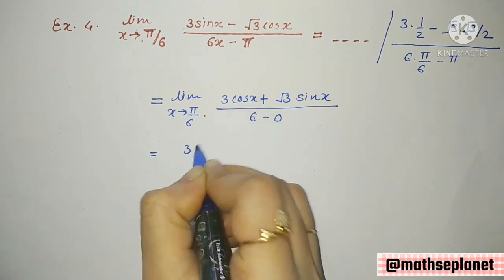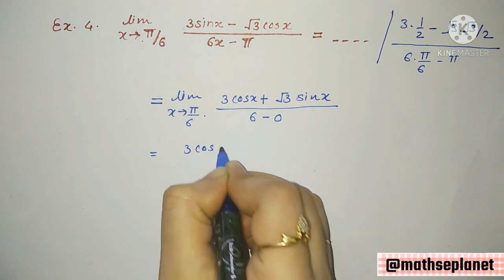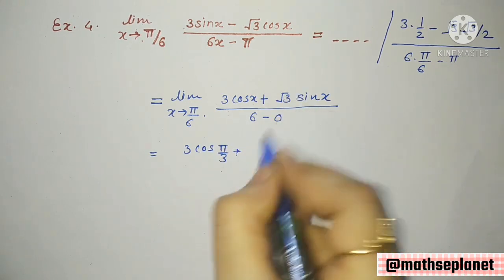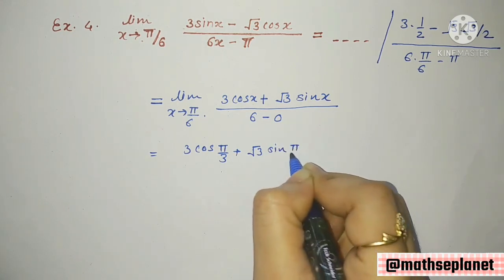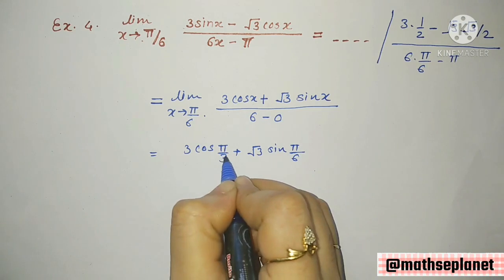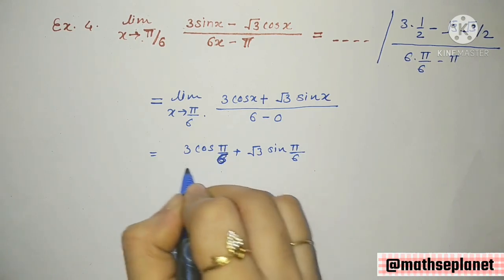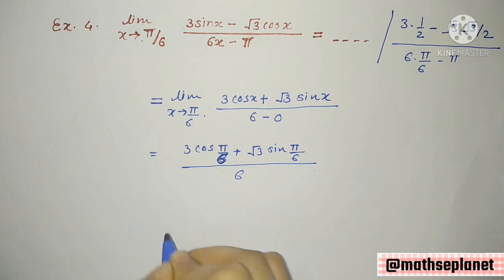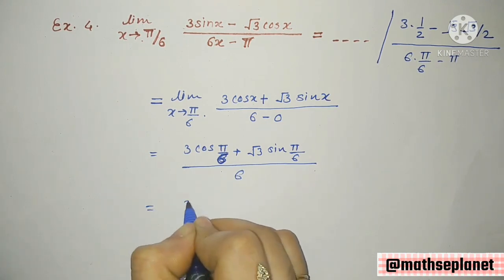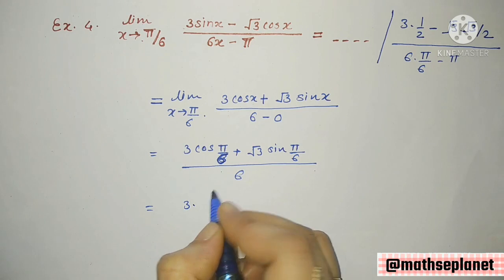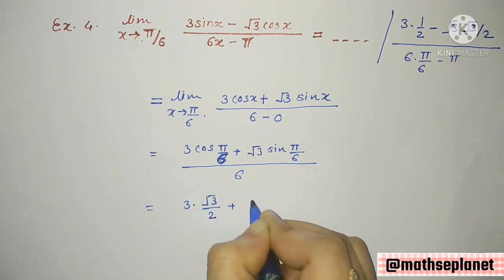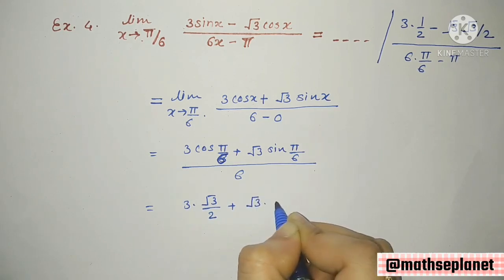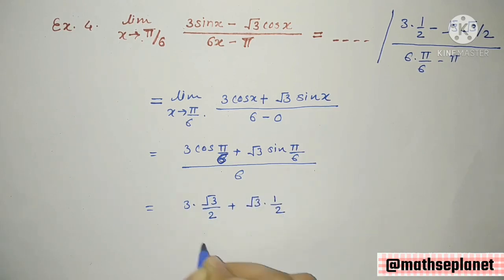So the limit will be 3 into cos pi by 6 plus root 3 sin pi by 6, here we have to put pi by 6, divided by 6. The answer will be 3 into cos 30, which is root 3 by 2, plus root 3 into sin 30, which is 1/2, divided by 6.